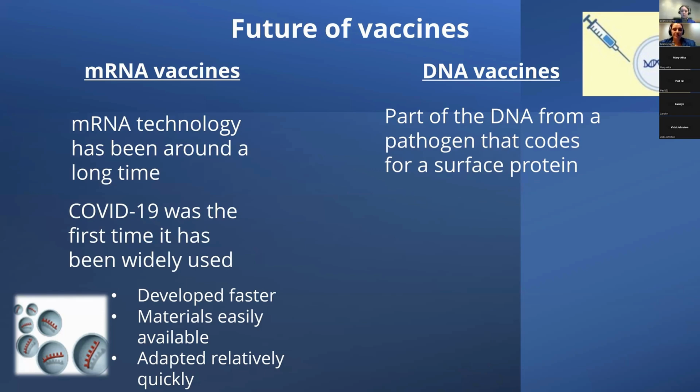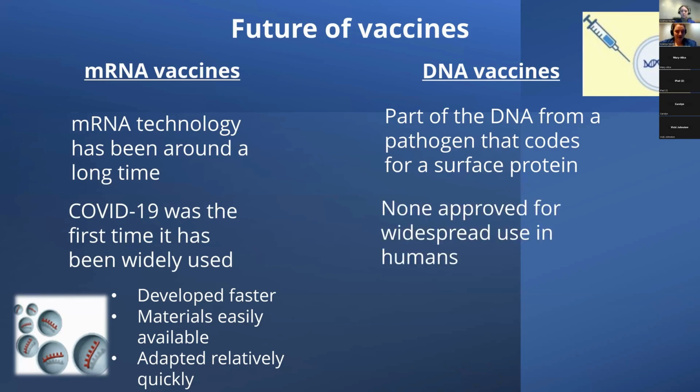And so what's very interesting is that it hasn't been approved for widespread use in humans yet for a vaccine, the same way as mRNA vaccines weren't used widespread until COVID-19, but that doesn't mean that the technology hasn't been used yet. There are absolutely clinical trials in veterinary use, which is very cool.